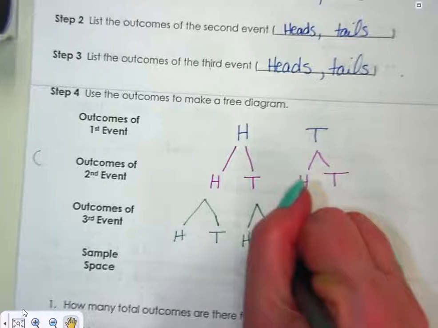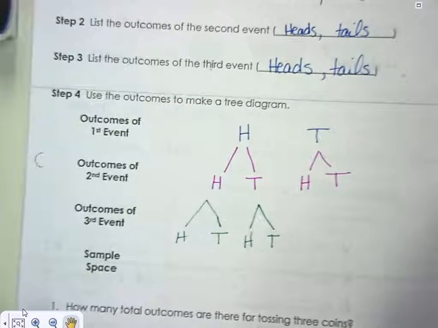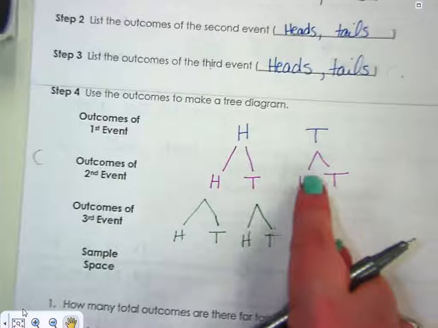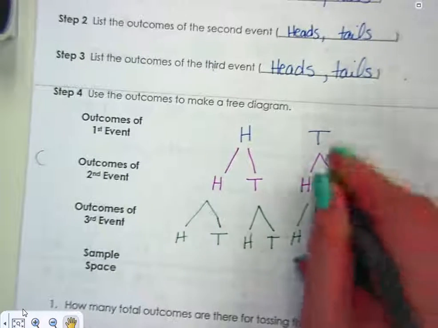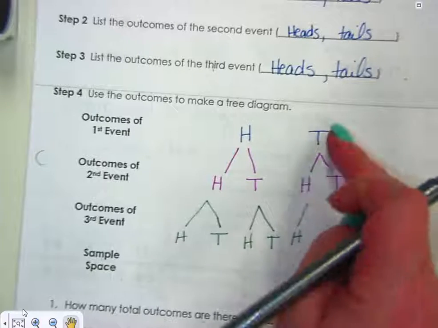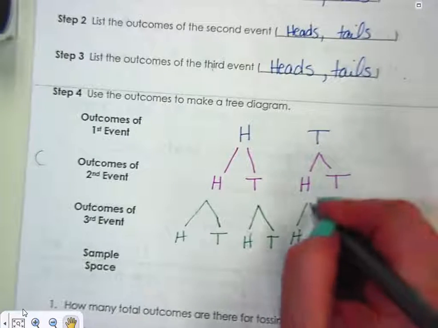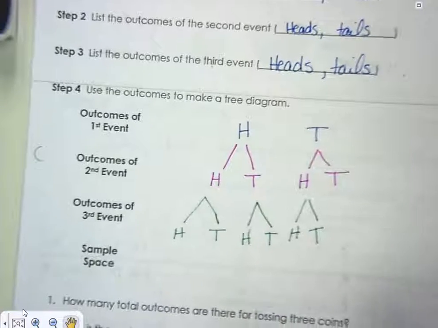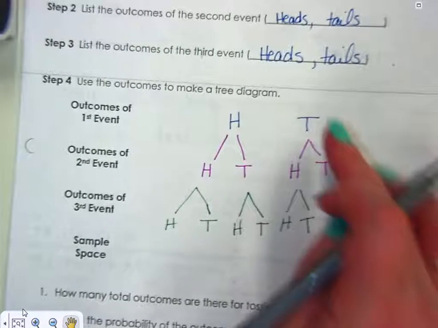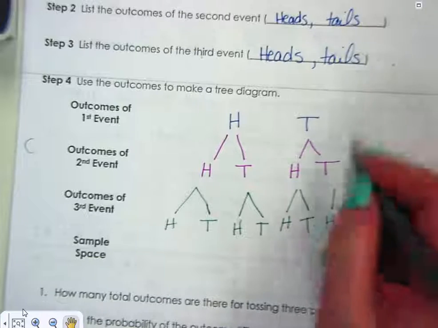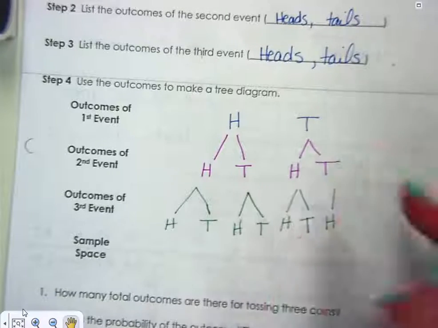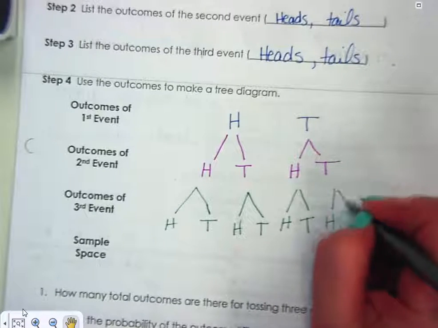Heads or tails. I could land on tails, heads, and then heads. Or heads, tails, heads, and tails. The last time, tails, tails, heads. Or it could be tails, tails, tails.